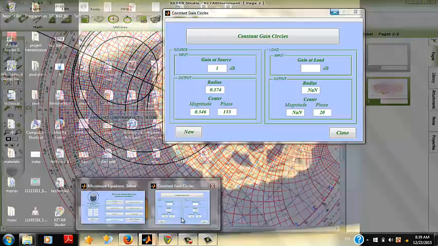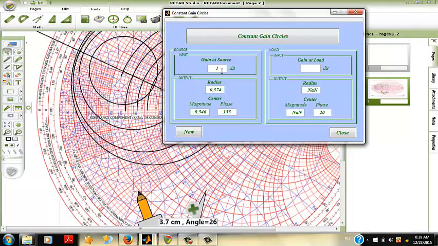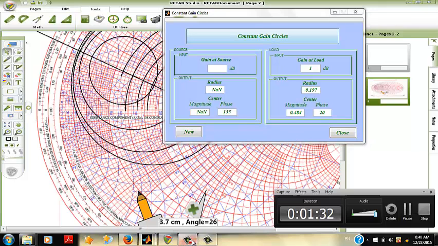By mistake, we put the 1 dB on the source. Now we should put it on the load. The radius is 0.197 and the center 0.484 with the phase 20 degree.